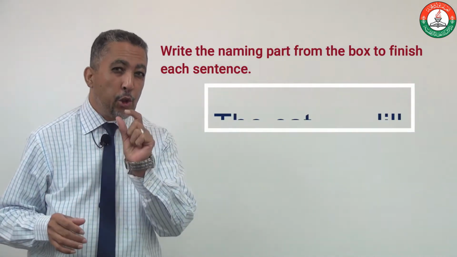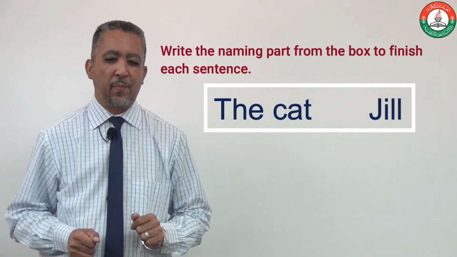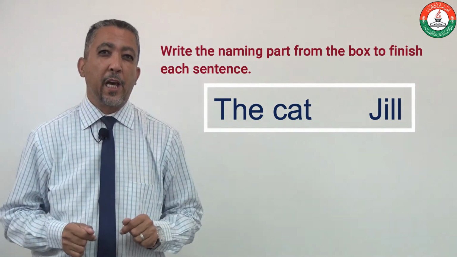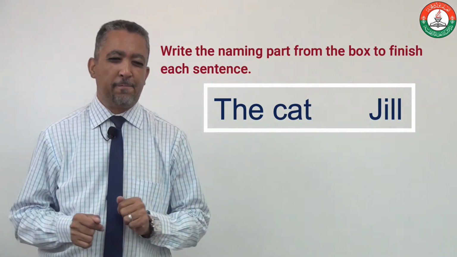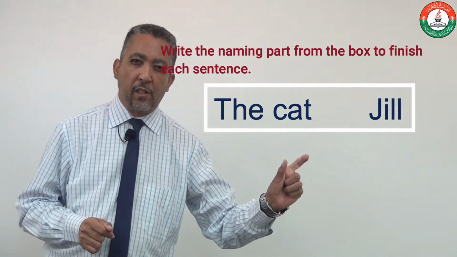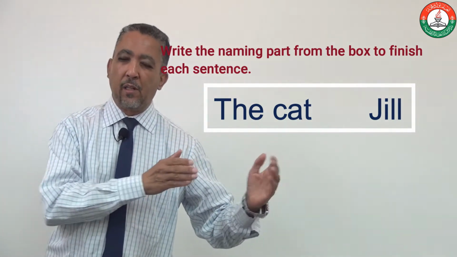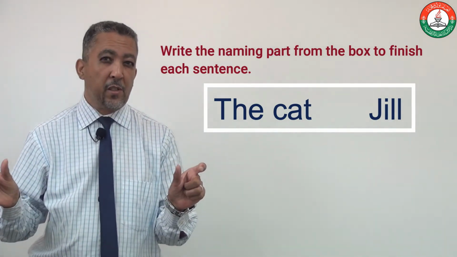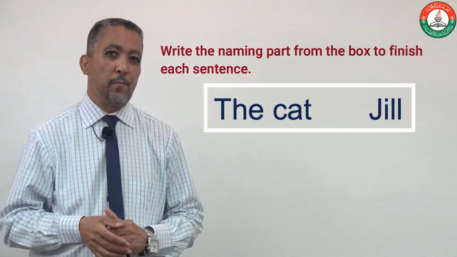Great. Let us look at another short exercise. Very brief, very short. On the board we see two words in a box. The cat, Jill. So the cat is one and Jill is the other. I need to use these two to complete two sentences.